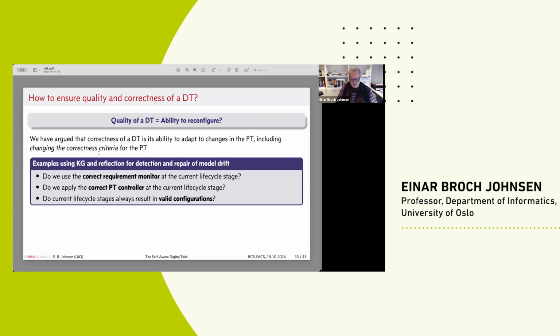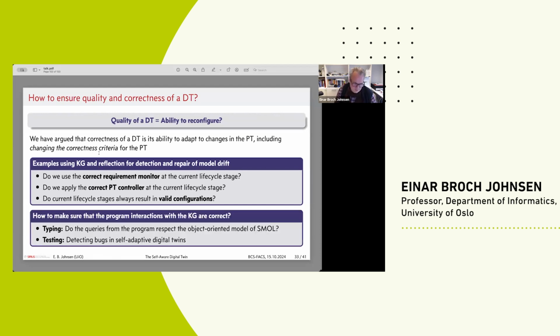Do we have the correct control policy at the current life cycle stage? Do the different life cycle stages always result in valid configurations, or is it possible to have a physical system in a combination of life cycle stages for which there is no twin solution? So these are the kind of correctness properties we are interested in.